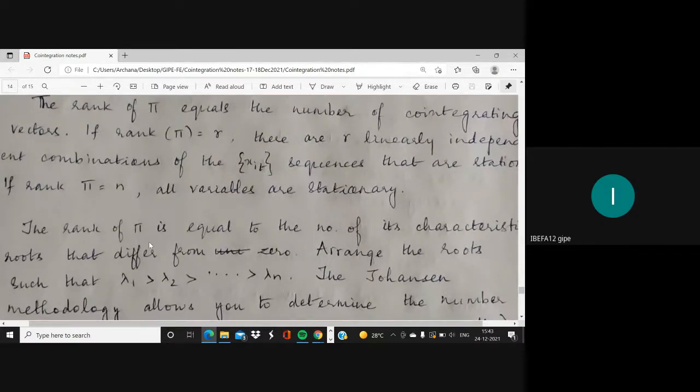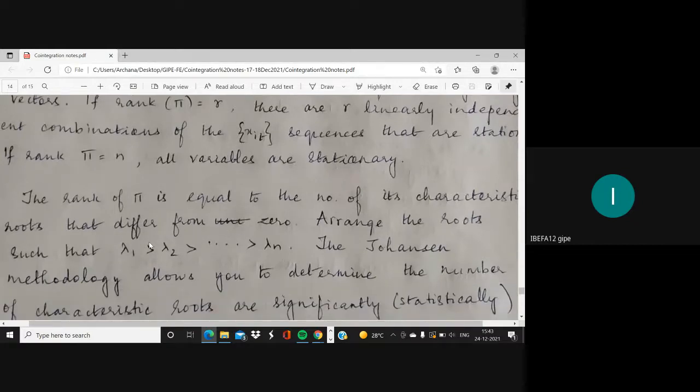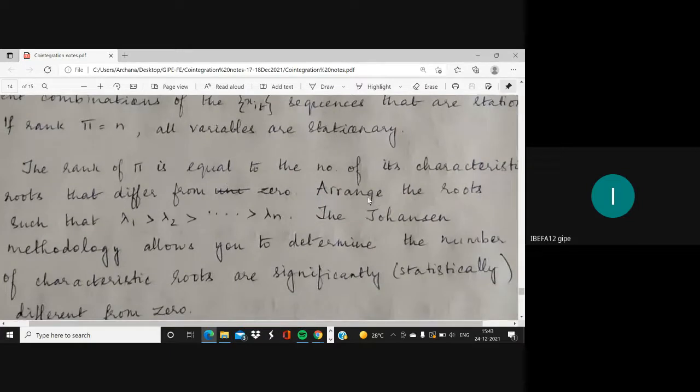Now the rank of pi is equal to the number of its characteristic roots that differ from 0. Remember, the rank of any matrix is equal to the number of its non-zero characteristic roots. The same thing is being stated over here in the context of the pi matrix. So what we need to do is first arrange the roots in such a way.